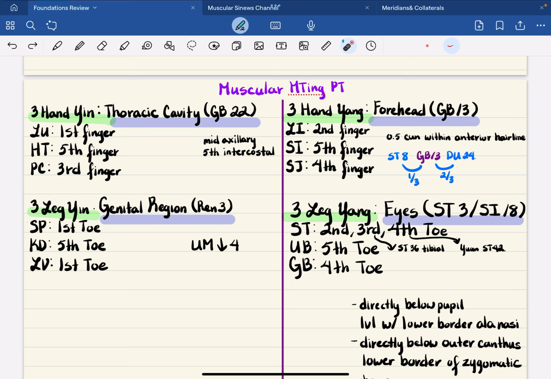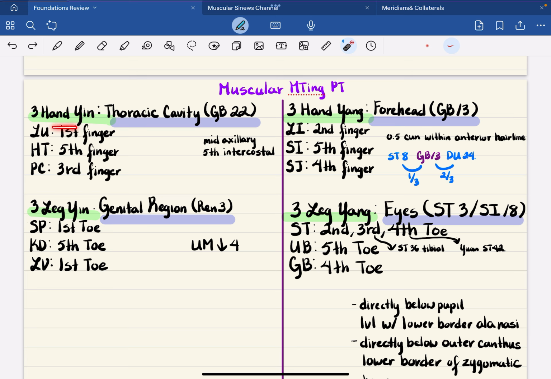The legs are the lower part of the body. So the best way to remember where in the head it is: if it's the forehead or the eyes, we should know it's the three hand yangs that go to the forehead, and not the eyes. Because when you think about it anatomically, the forehead is higher than the eyes, the way it's situated. So that's how you can remember it, so you don't get confused.